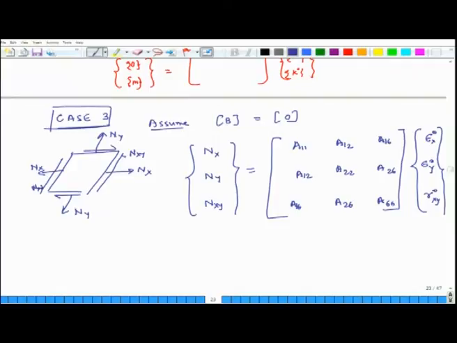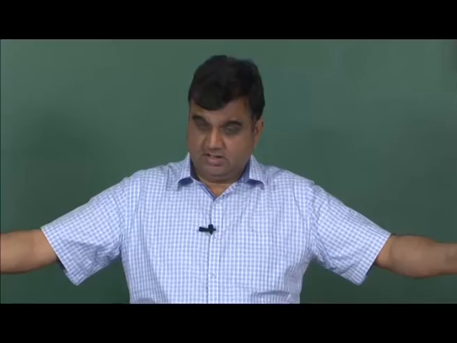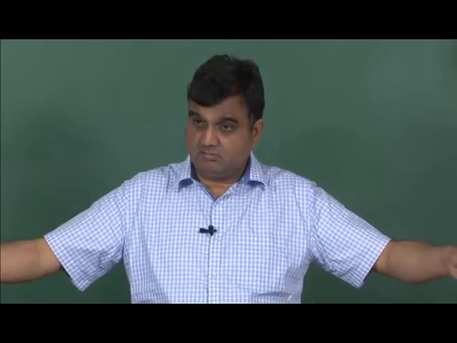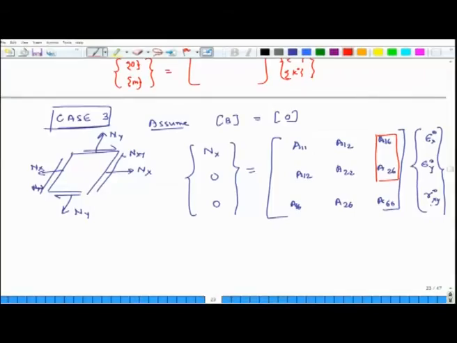Suppose I apply only Nx on the plate. Then Ny and Nxy are 0. If the A16 and A26 terms are not 0, then even though I am pulling the plate in the straight direction only in extensional mode, the plate will also develop a shear strain, because A16 and A26 are not 0.